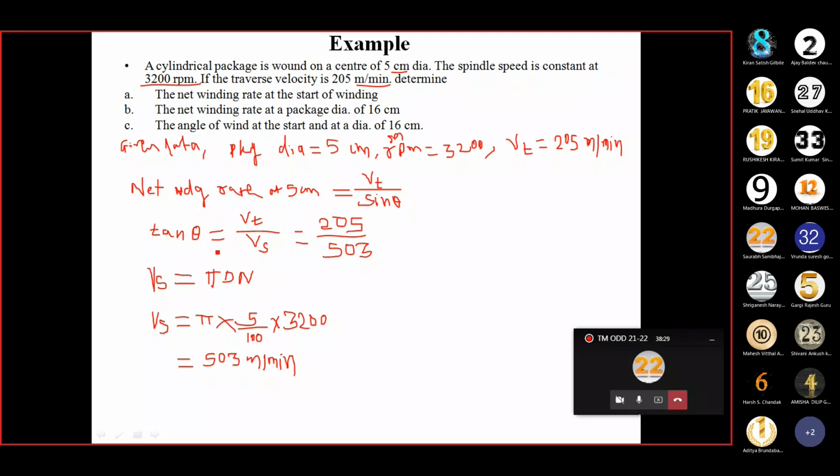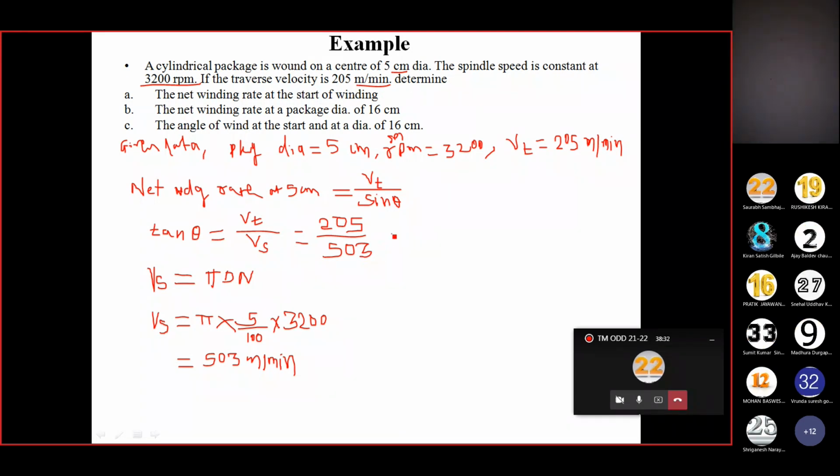22.17. Okay. So those who are unable to understand mathematically, for them I am calculating here. If you want to calculate theta, theta is equal to tan inverse of 205 divided by 503.